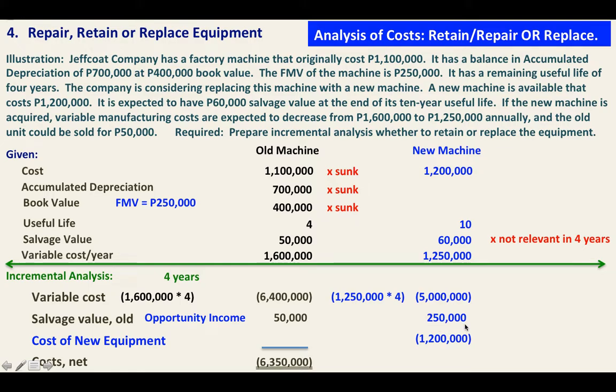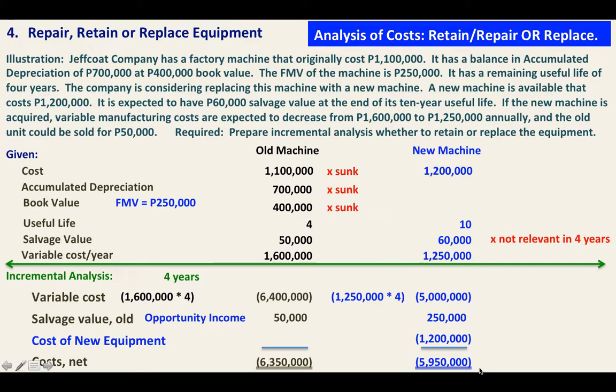Okay. So class, that is the importance of the fair market value. Even though the book value is a sunk cost, its fair market value is very relevant data in the incremental analysis. So in this case, the net cost is 5,950,000, doing the mathematical calculations on all of these amounts.